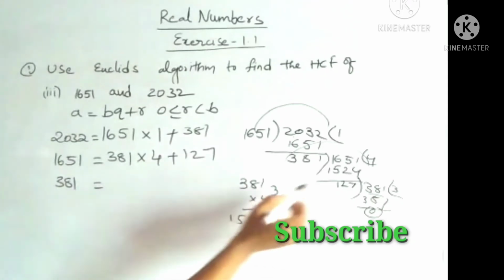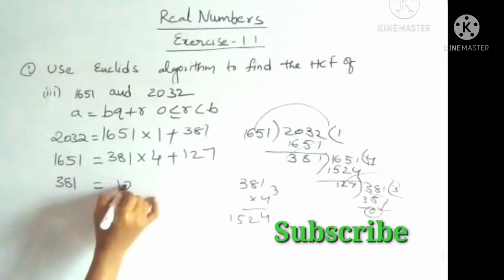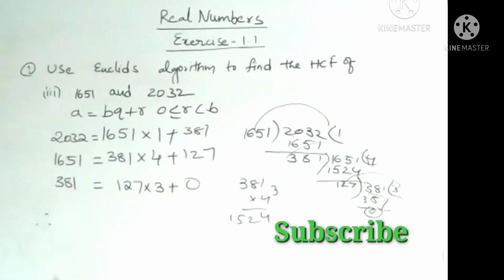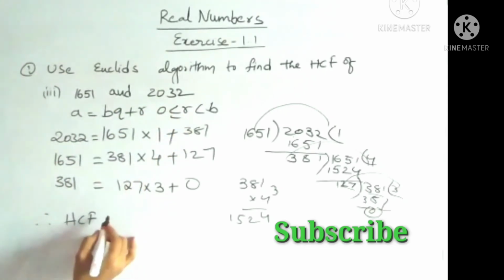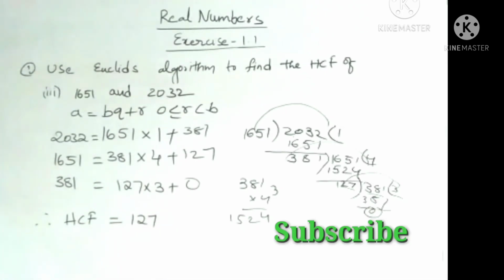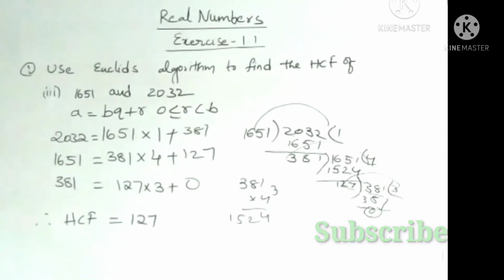In the third step: dividend 381 is equal to divisor 127 into quotient 3 plus remainder 0. So where did we get 0? When we divide with 127. So therefore the HCF of 1651 and 2032 is equal to 127. In this way we will find the HCF of any two numbers by using Euclid's division algorithm.